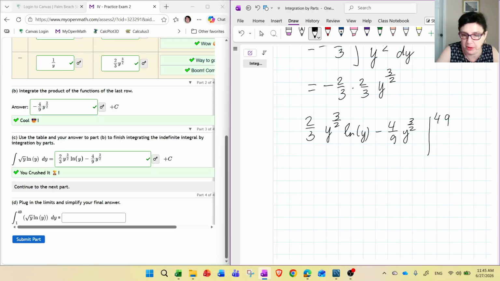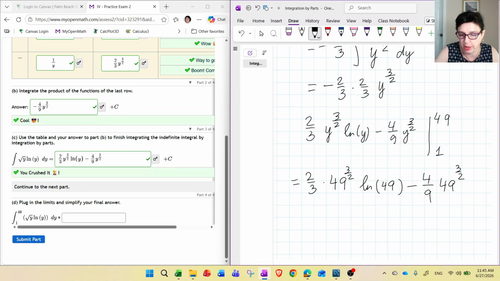The top limit is 49. So it's going to be 2/3, then 49 to the power 3/2, then natural log of 49 minus 4 divided by 9, and then 49 to the power 3/2. Then we subtract, and now we're going to substitute 1.